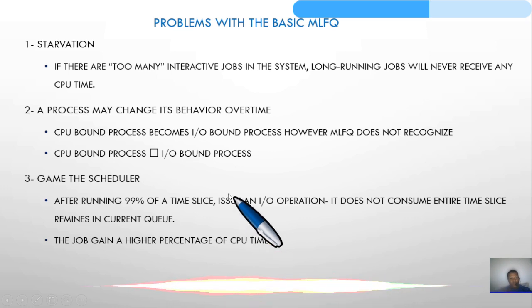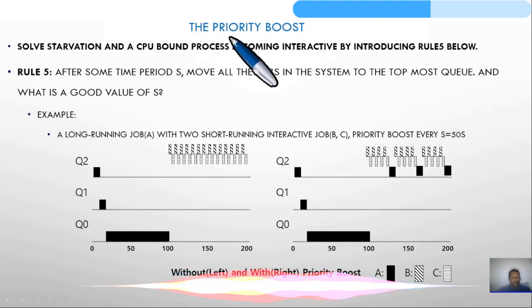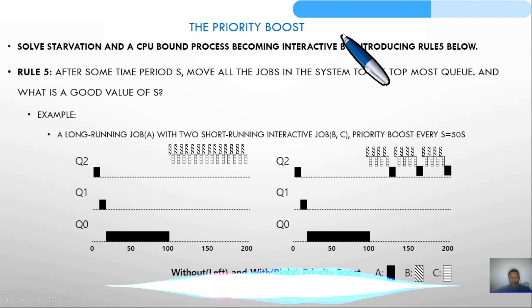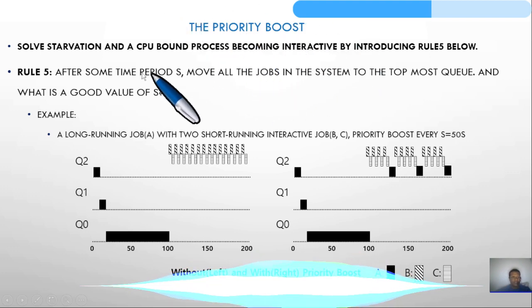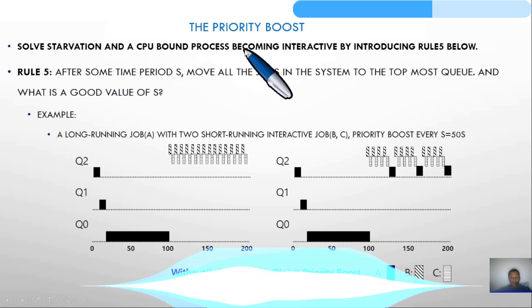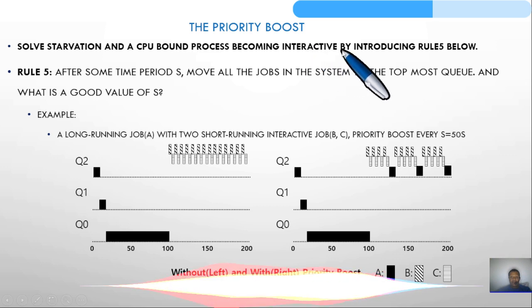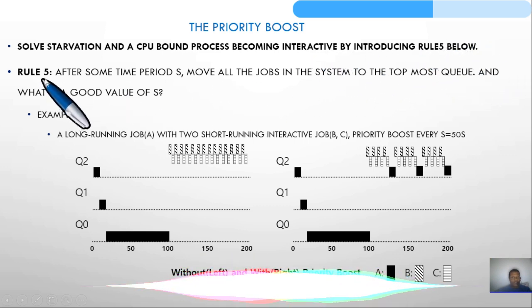So how are we going to address these three problems? Then what happens is the priority boost. The priority boost is one of the solutions, which solves starvation and a CPU bound process becoming interactive, by introducing rule 5 below. What does it mean?